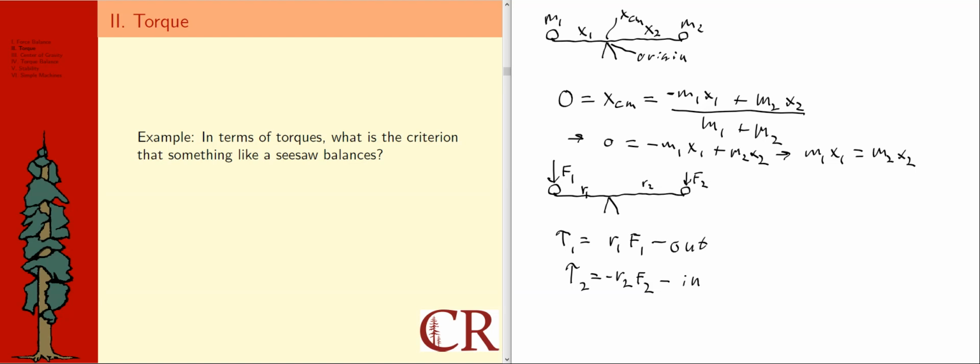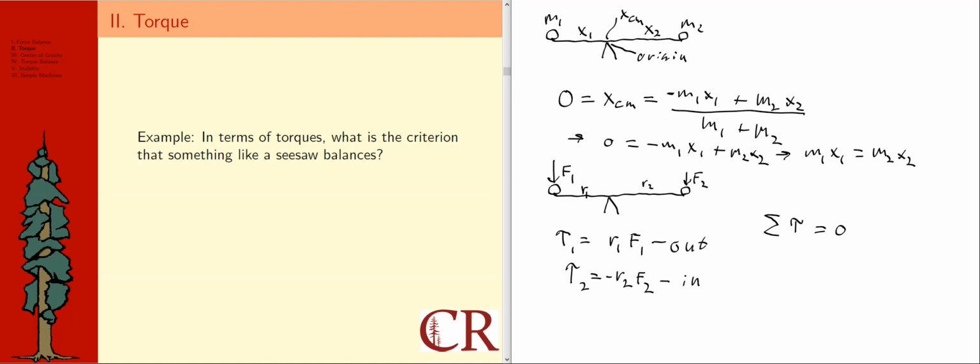So, since it's asked what is the criterion that something like a seesaw balances, and maybe getting a little bit ahead of our story because we're going to have a whole topic on that later on, the basic idea is going to be similar to forces, where the sum of the forces being equal to 0 means the forces balance. The sum of the torques being equal to 0 means that the torques balance.